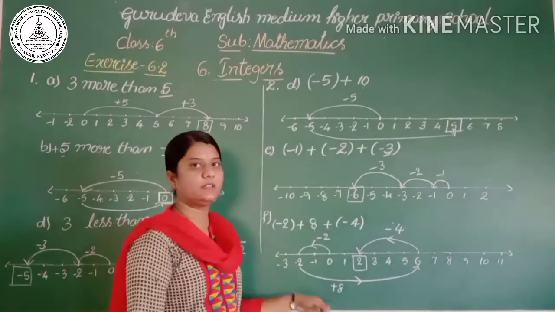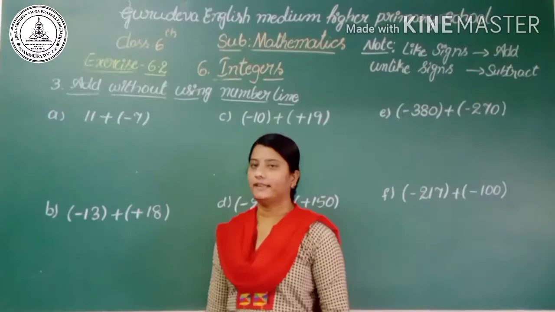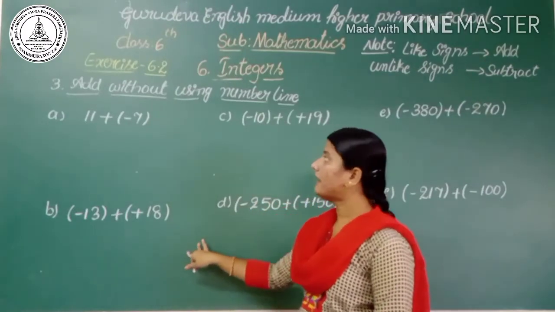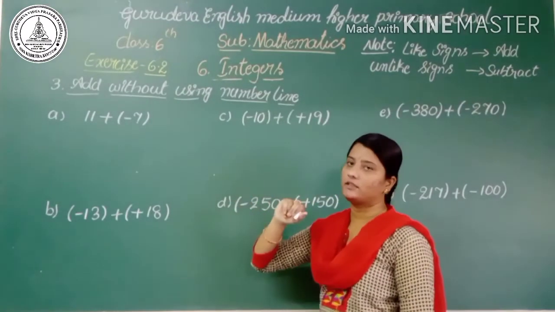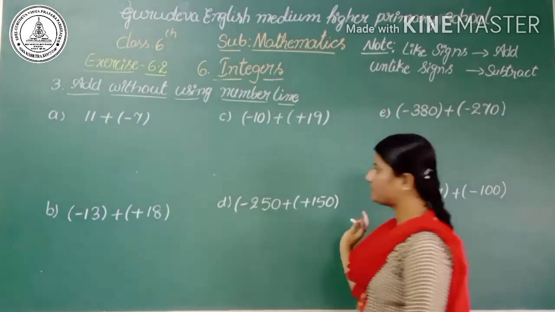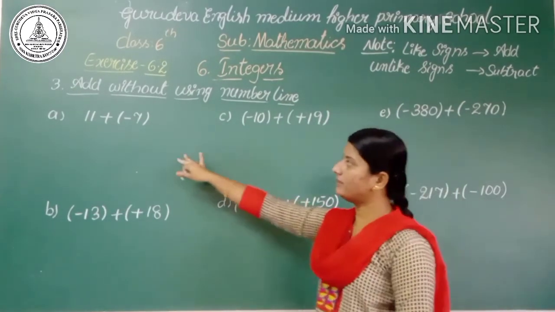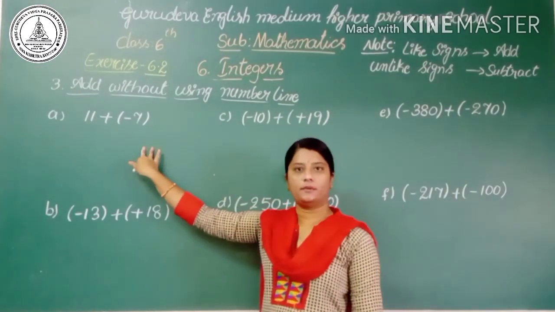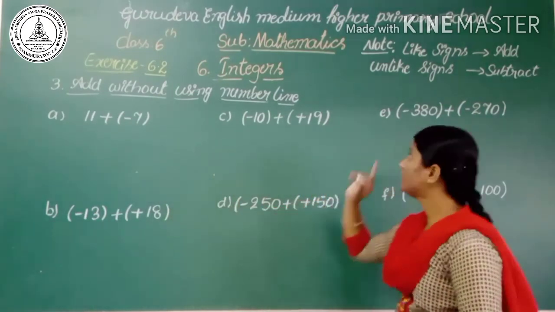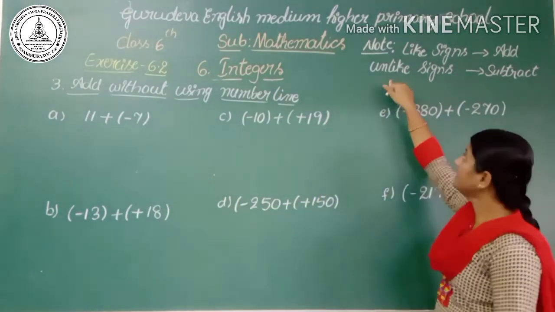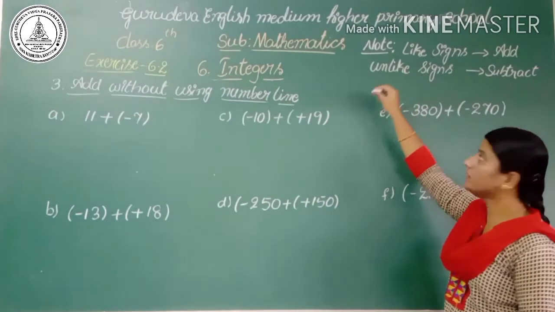Then let's go to the third main: add without using number line. Here they have given 6 problems. So we have to add these integers without using the number line. First, one note we have to keep in mind.